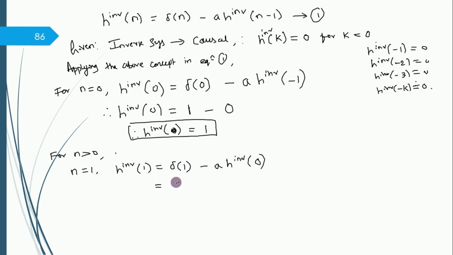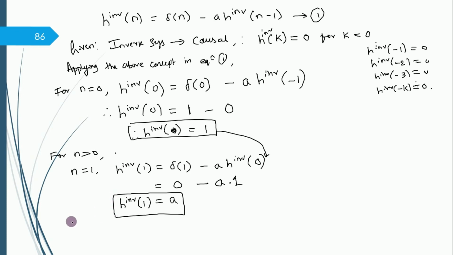Delta of 1 is 0 because the delta function exists only at n equal to 0. It goes to 0 minus a into, what is H inverse of 0? We have just found it out. This is 1. So hence the answer is H inverse of 1 is minus a. Very easy, right?